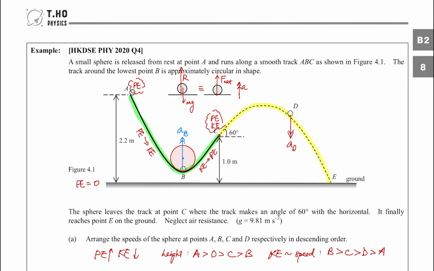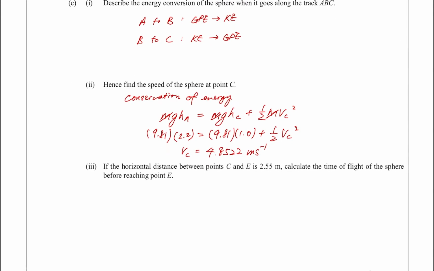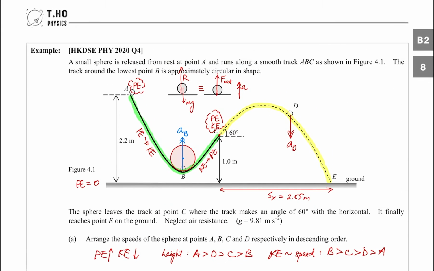If I indicate it here, the horizontal distance between C and E, I call it Sx, is 2.55 meters. So we are going to find the time of flight of the sphere before reaching point E. Let's take point C as the starting point, and we are going to find the time at point E.